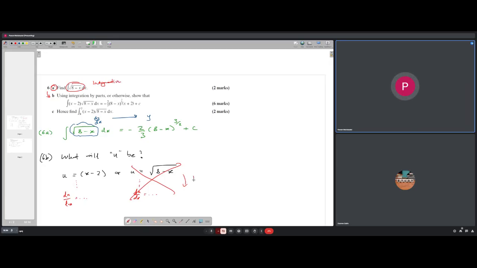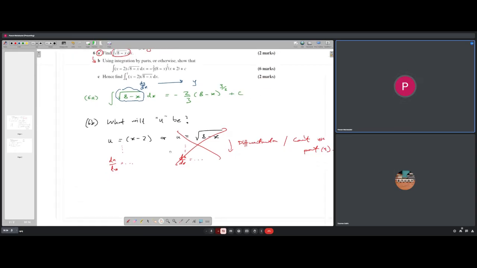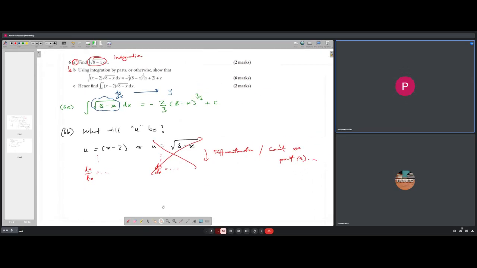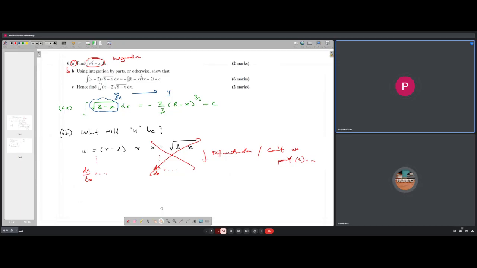So we can't use part A, so it doesn't make sense to set u to be equal to square root of 8 minus x. Does that make sense?